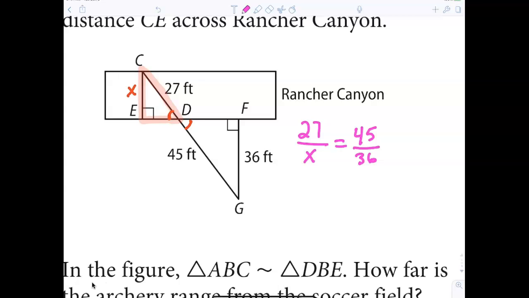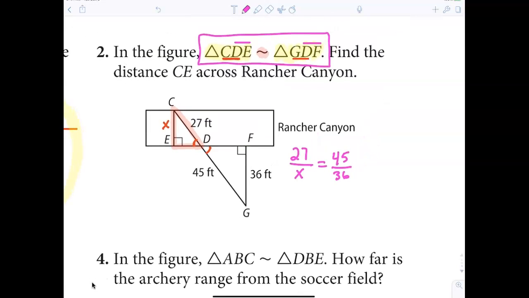This is called the hypotenuse, for those of you who remember your geometry from last year. Those have to correspond. If you didn't know that, you could also get that information from what? The similarity statement. This up here is the similarity statement.